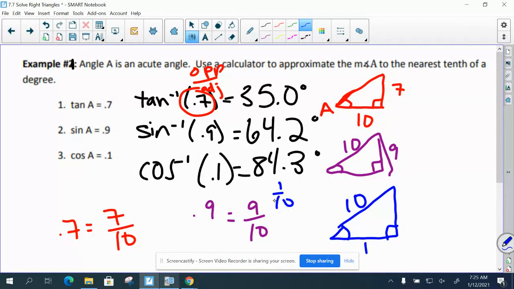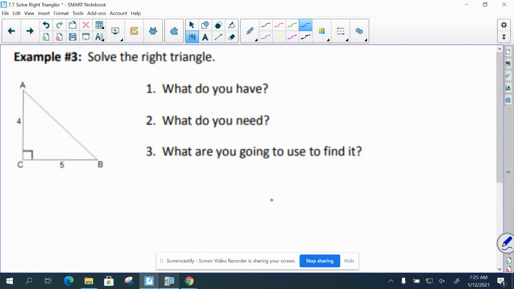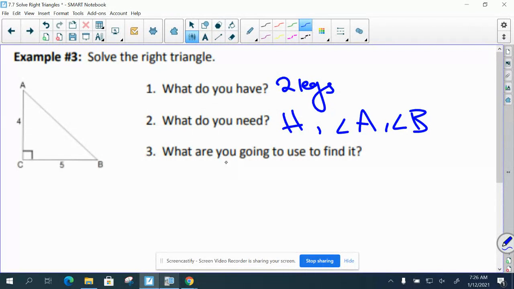Okay, so let's look at some other examples. We want to solve the right triangle. So we want to know, what do we have? We have two legs. What do we need? We need the hypotenuse, angle A, and angle B. So what are you going to use to find it? If we just need the hypotenuse, then let's just use the Pythagorean theorem.